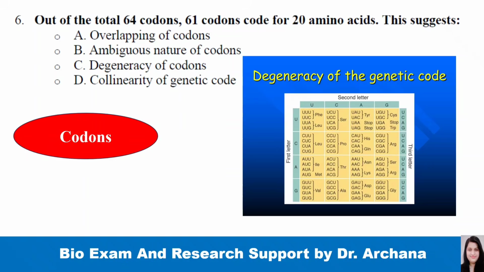So here you can easily see that there are 64 codons, in which 3 are stop codons, and 61 codons code for 20 amino acids. So the number of codons is more and the number of amino acids is less, meaning there is a degeneracy of the genetic code, because multiple codons must be coding for the same amino acid.